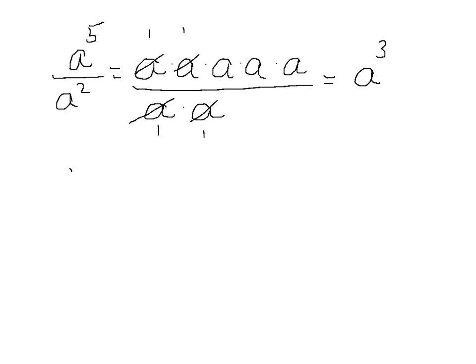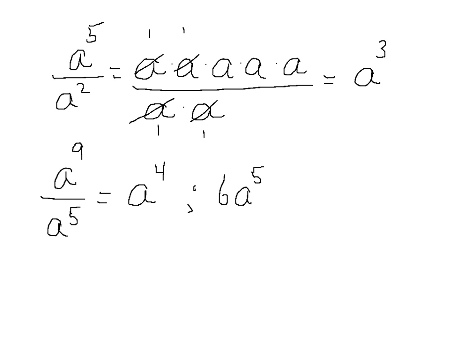Now you should be able to follow that if I have, say, a to the ninth over a to the fifth, and I do the same thing, that's going to be a to the fourth. And if I do something a little bit more complicated, like 6a to the fifth, b squared, c to the fourth, over 2a squared times b to the first, c squared.